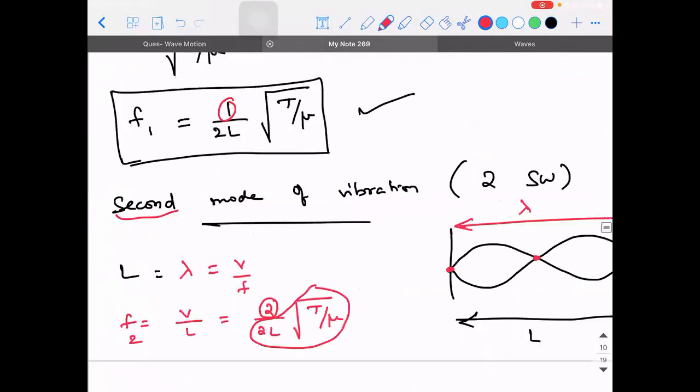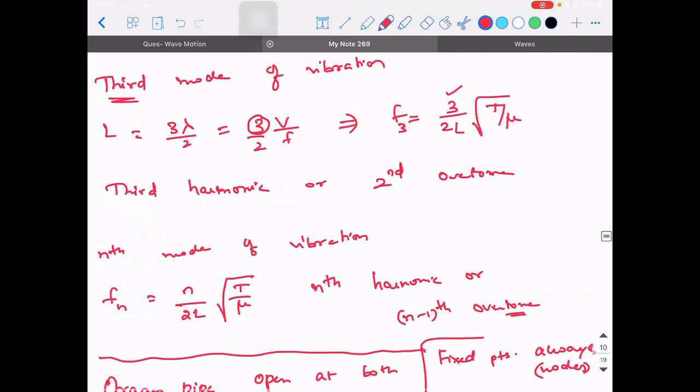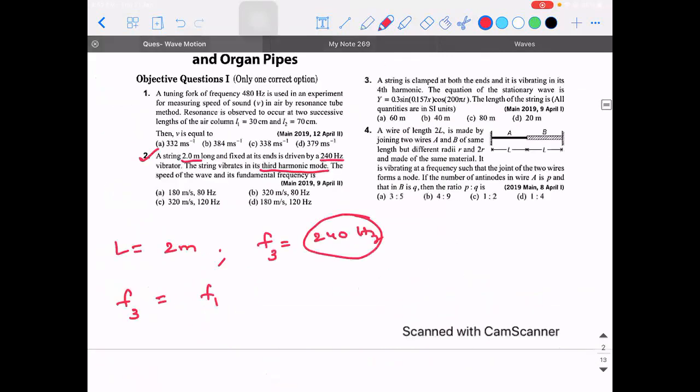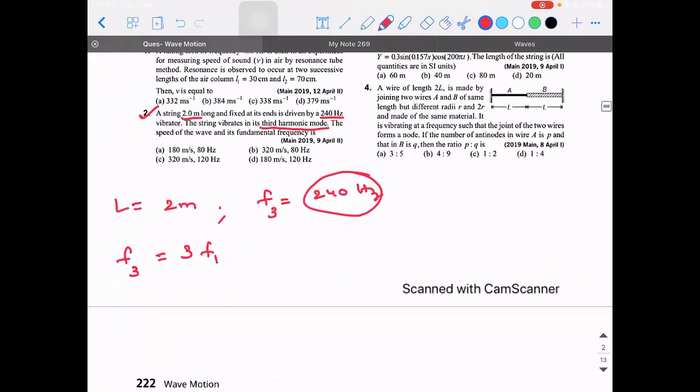So F3 is 3 times F1, because 3 is in the numerator. As the harmonic increases, the frequency increases, which implies 240 is equal to 3 times F1. F1 is how much? 80 hertz. They're asking the fundamental frequency, but unfortunately, I have 80 hertz in both.